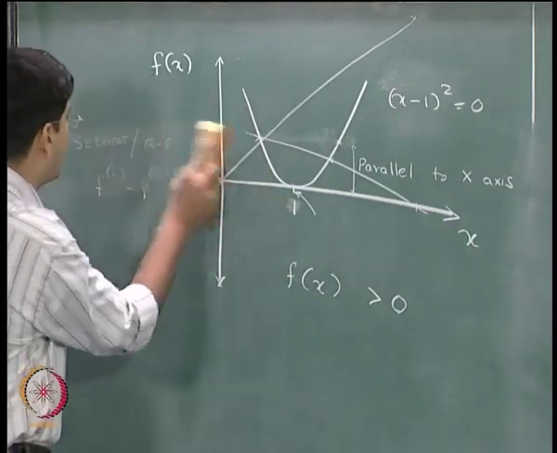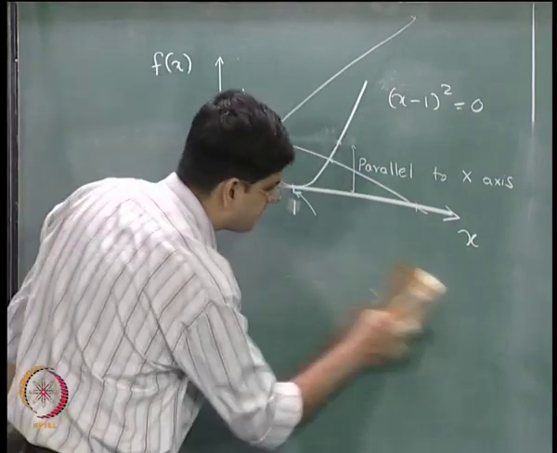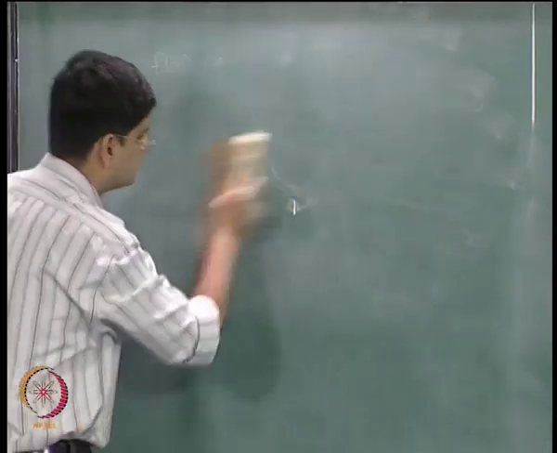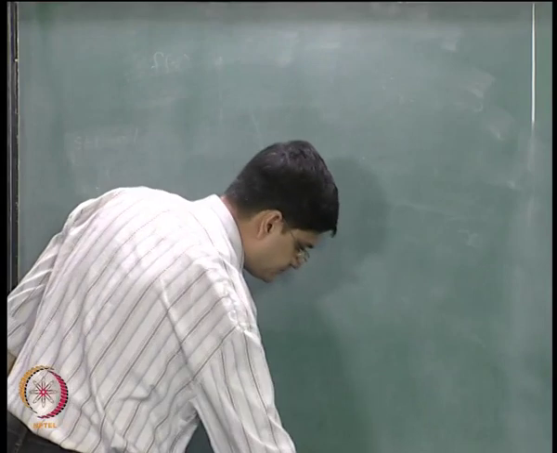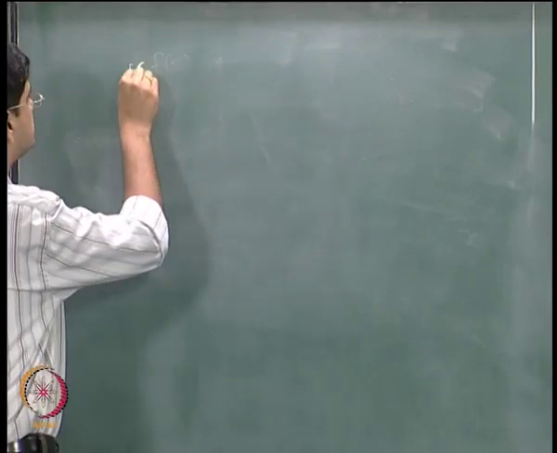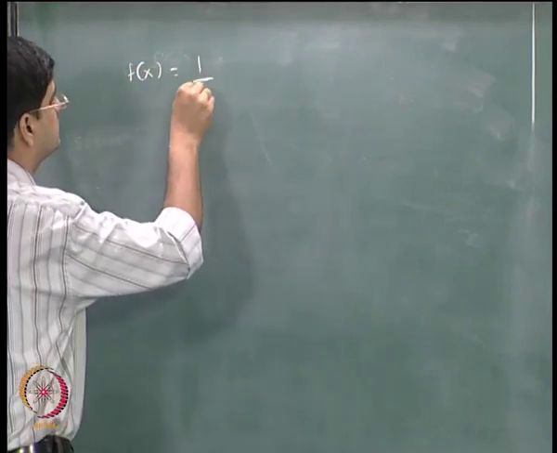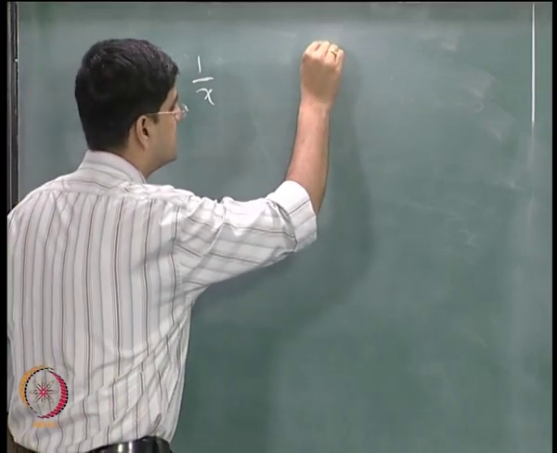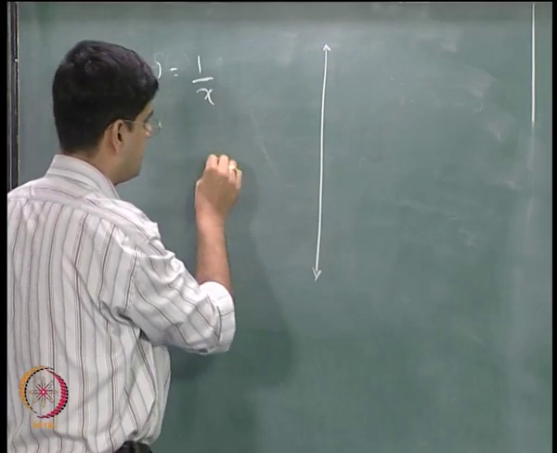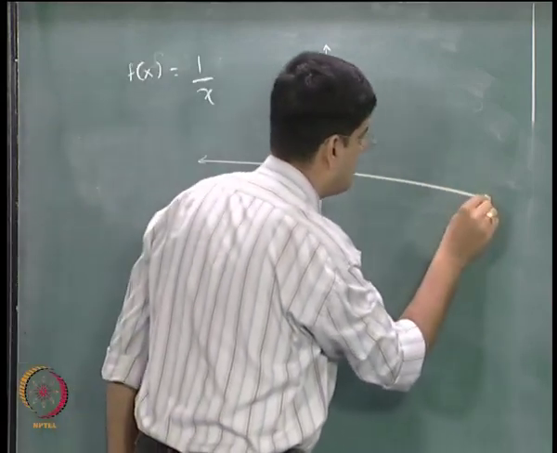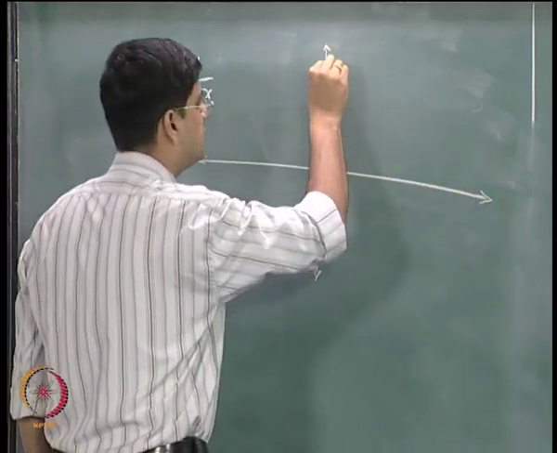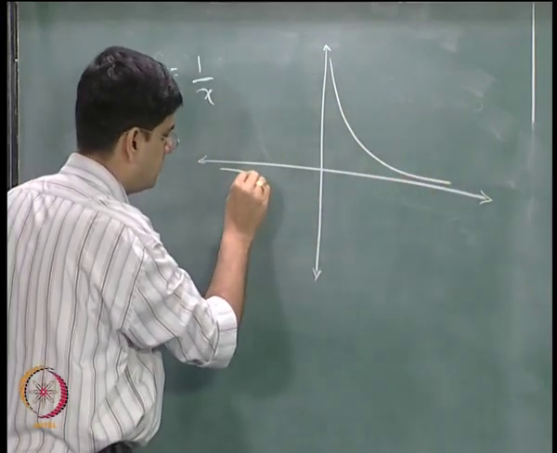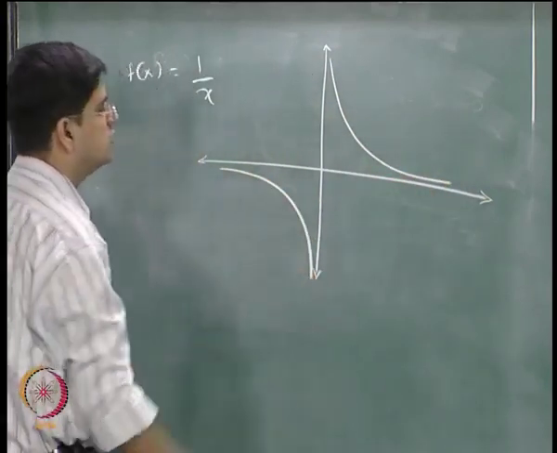Now let us look at another example. f of x equal to 1 divided by x. In this particular case, the curve looks like this.